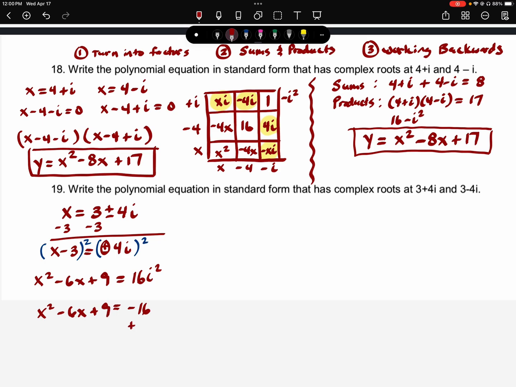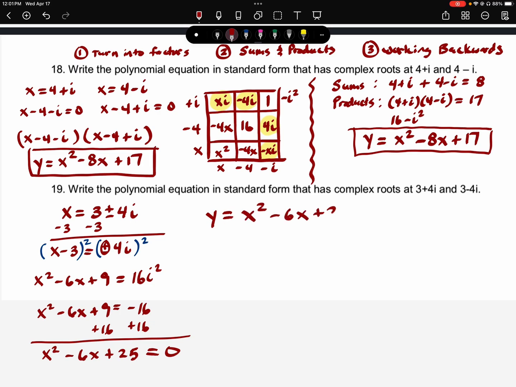Our last step then would be just to add 16 across. And we have x squared minus 6x plus 25 is equal to 0. And if you want to write it out in your answer as y equals, you can go ahead and do that. That would be our answer.